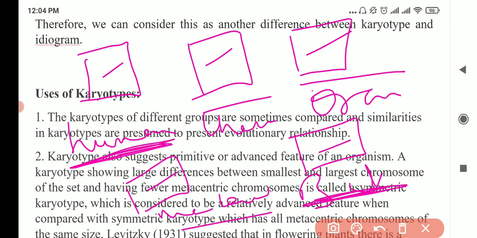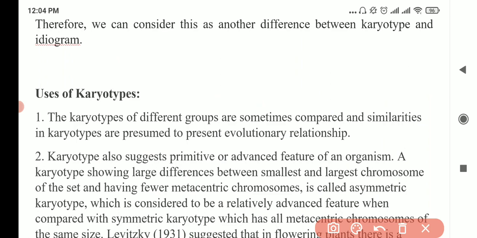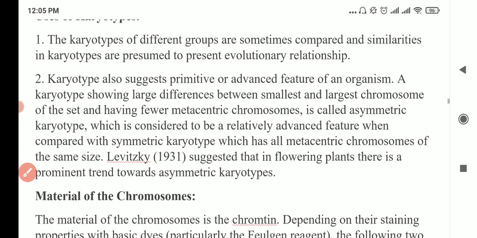So we can conclude that maybe we have evolved from the baboon, no? And then the baboon evolved from the orangutan. So you can compare the similarities, and you can deduce how they evolved.